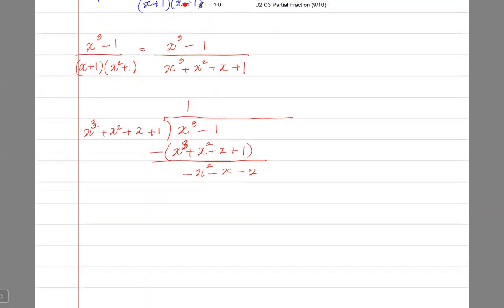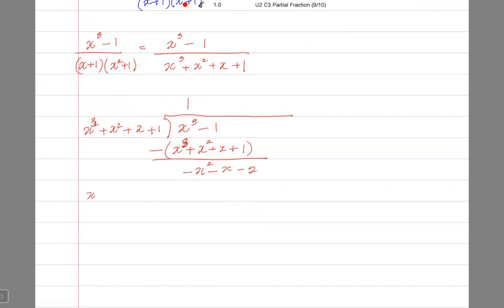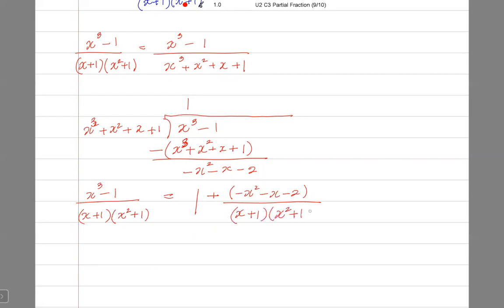So what this is saying to me is that x cubed minus 1 over x plus 1 into x squared plus 1 is the same as saying 1 and 1, and if you want, let's say plus minus x squared minus x minus 2 all over x plus 1 into x squared plus 1.